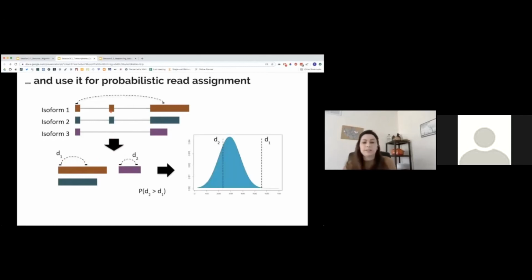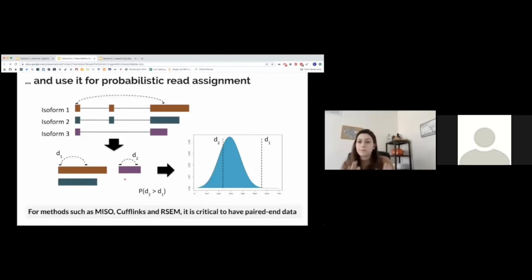All right, so according to our distance size distribution, which of these is more likely to have given origin to this pair of reads? So based on this distribution you calculated, you see that it's much more likely that this pair of reads came from isoform 3. And this is the basic strategy that methods like MISO, Cufflinks and RSEM rely on. And because of that, it is critical that you have paired end data for this kind of analysis.